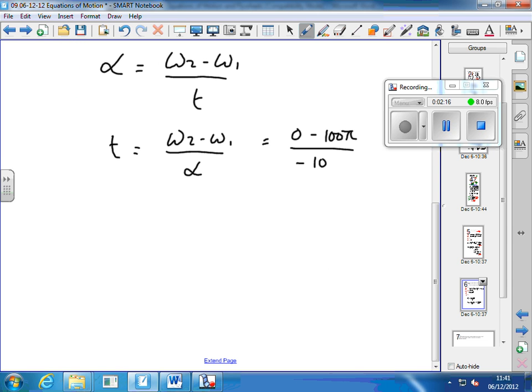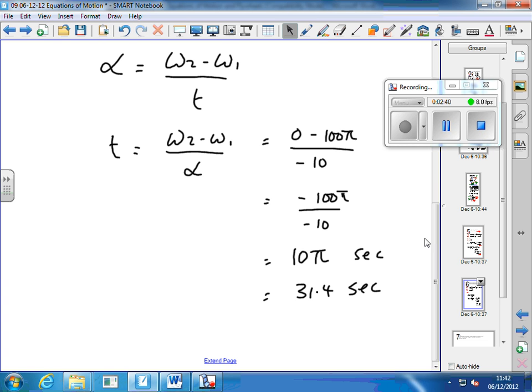And that's going to give us minus 100 pi over minus 10, which is, luckily for us, positive 10 pi seconds. Again, we could leave it in terms of pi, or we could then work out what that is. So what would that be? Well, near enough 31.4 seconds. So 3 significant figures.